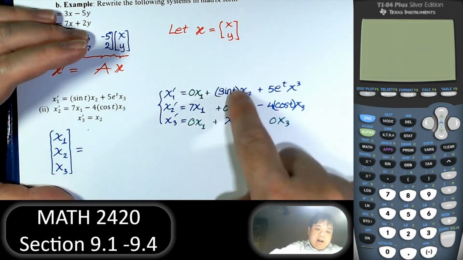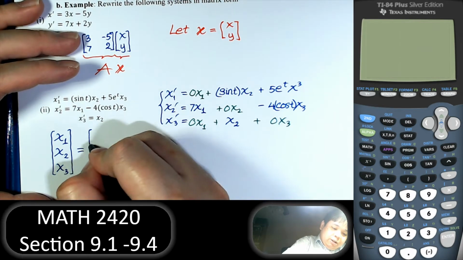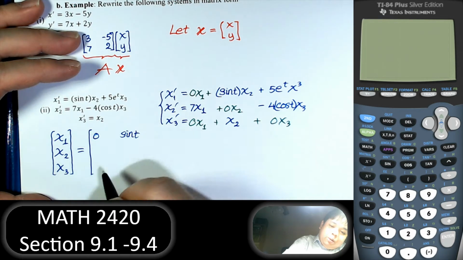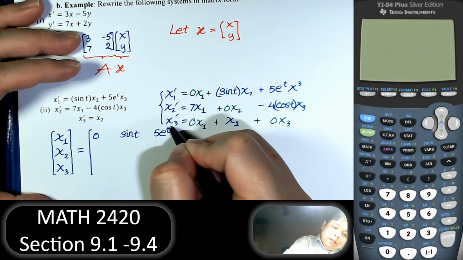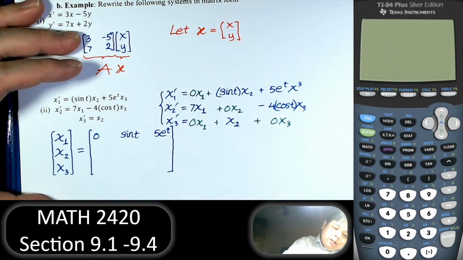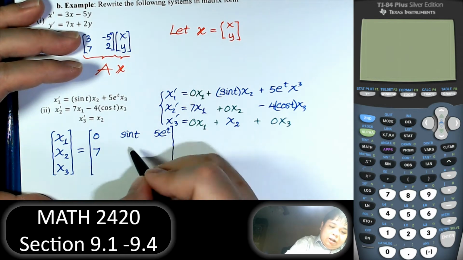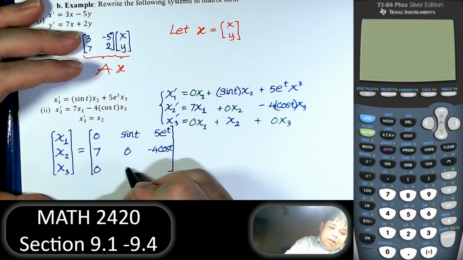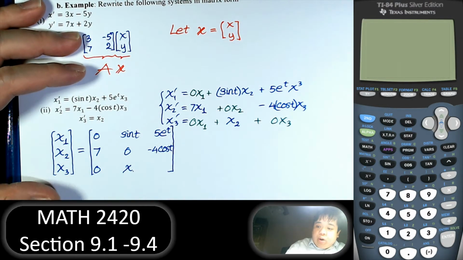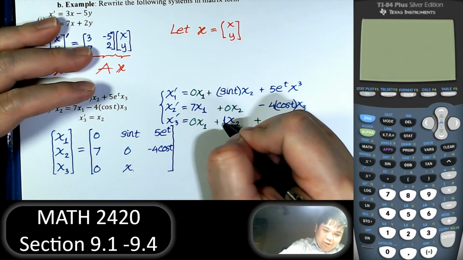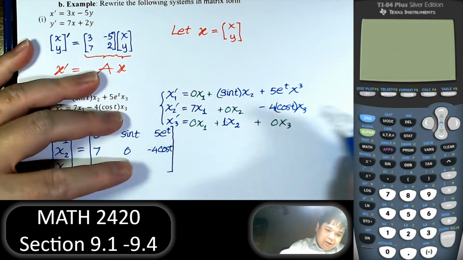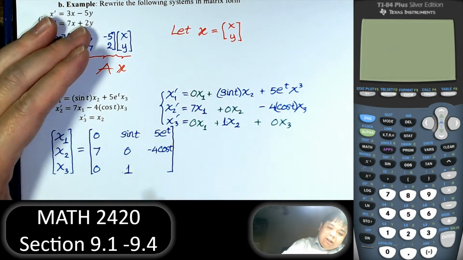And once we have everything aligned, we just write all the coefficients. 0 for x1, sine t for x2, 5e to the t for x3. 7 for x1, no x2, negative 4 cosine of t. 0 for x1 and x2, because we don't write x2, we just write the coefficient, and then 0.